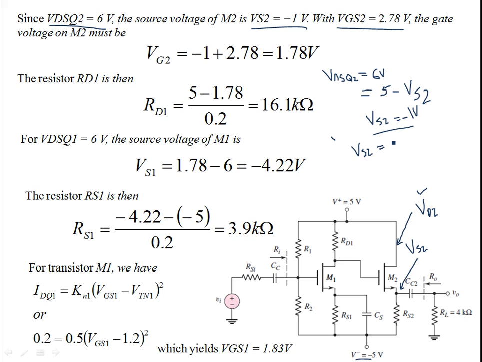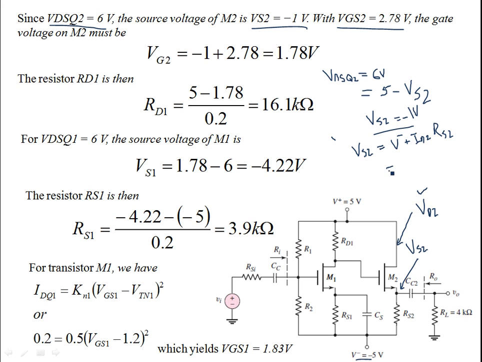So you have V negative plus the drop across RS2, which will be ID2 multiplied by RS2. Basically it's the same thing.